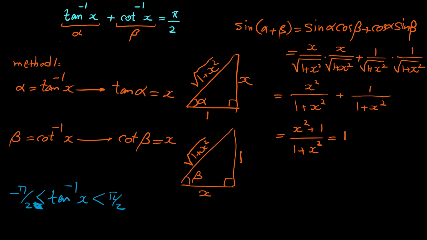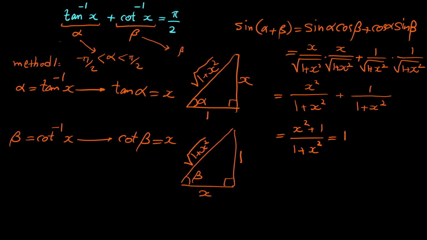This is the way that we have defined tangent inverse as the inverse of the function tangent. So we know something about alpha. We know that this angle alpha is between negative pi over 2 and pi over 2.